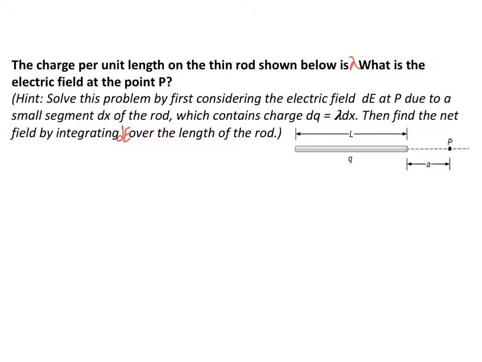Long rod, thin rod, some length, and some point along that axis out to the right, call it point P, is a away from that. And so how do we go at this business? First, just to start with a general thing about the electric field, it's k times one of the charges over the distance squared.